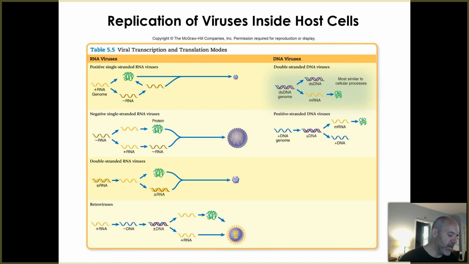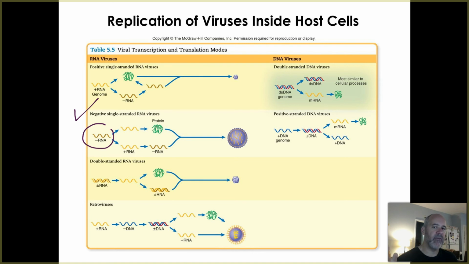Okay, so what's a negative strand or a minus strand RNA virus? Plus strand, again, just means that's an RNA that the host cell is going to treat like a messenger RNA. So a ribosome is going to attach and do translation, make a protein or proteins from it.